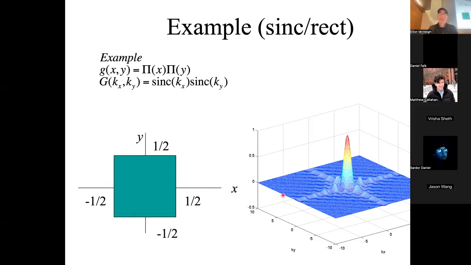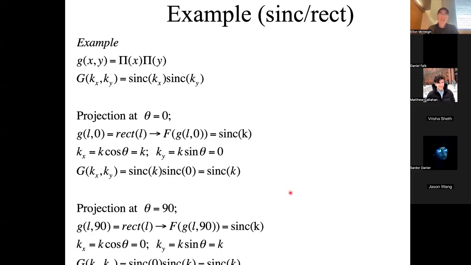And when you look at the Fourier transform of that, it is this sinc function that is just the Fourier transform of that rectangle. So that works. That's kind of a trivial example where you project through a rectangle, you basically get a rectangle, and its Fourier transform follows the projection slice theorem. Okay.